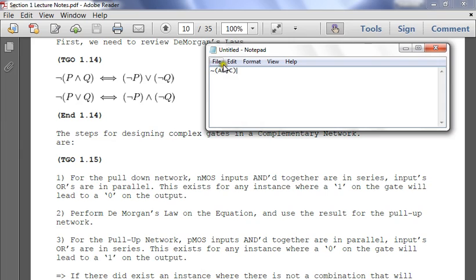So we have not (A and B) and C, right? But then we're going to have not again. So then this would be not A or not B, right?